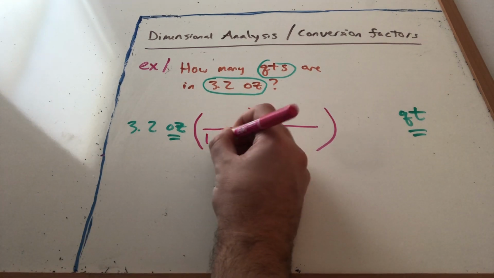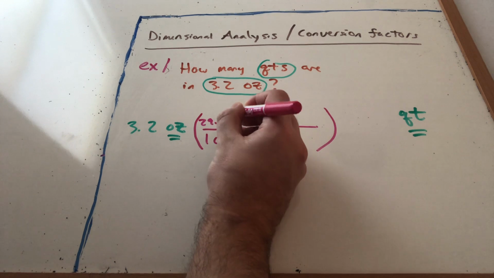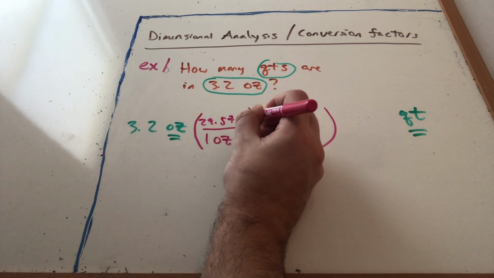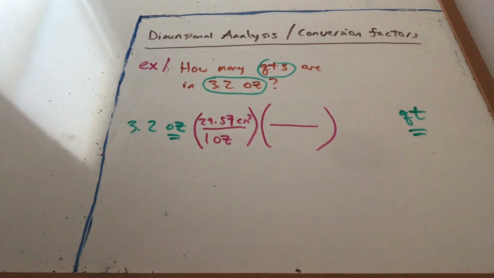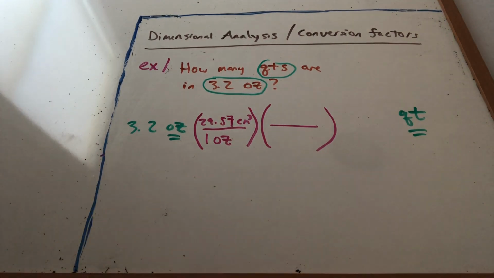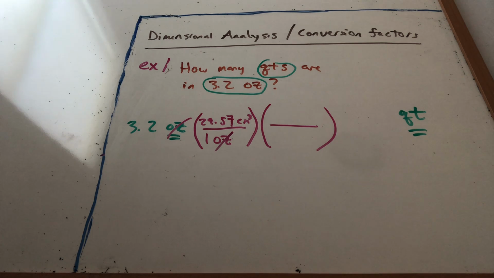So I look there and I see 1 ounce is 29.57 centimeters cubed, right? I find that conversion factor, it's an equality, but I know how to write those equalities as conversion factors. Ounces and ounces are going to cancel and I'll be left with centimeters cubed.